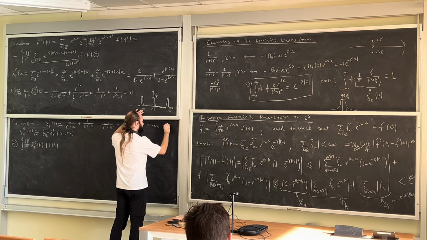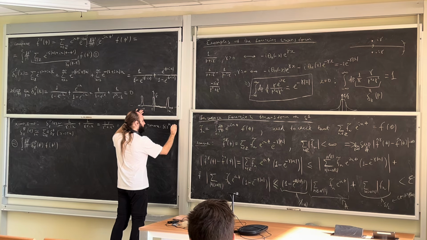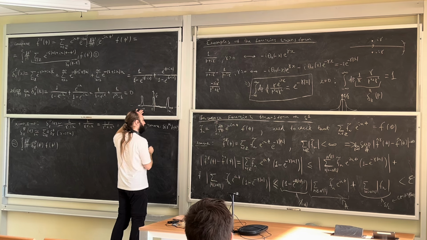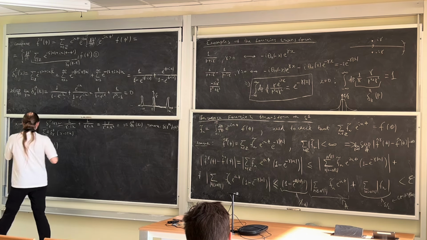Delta of gamma to the 1/3 is gamma to the 1 over gamma to the 1/3.